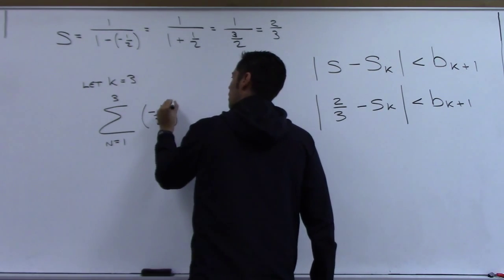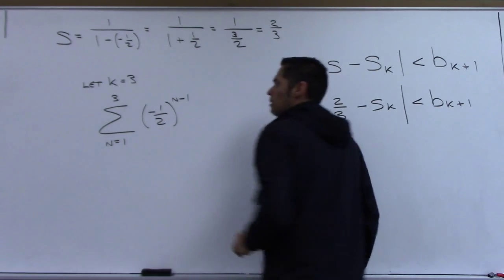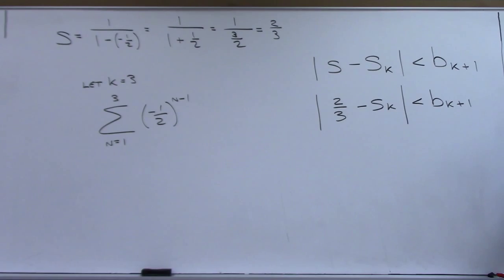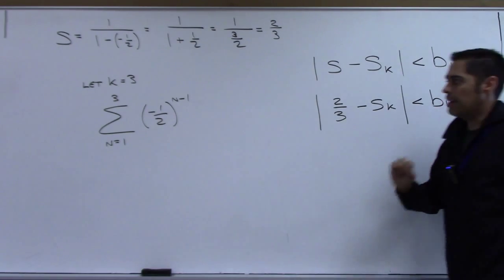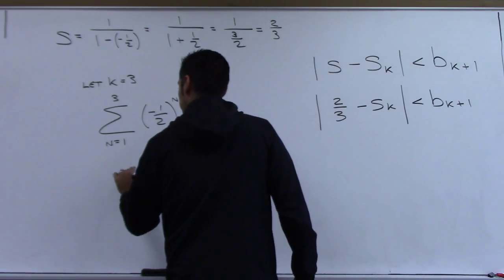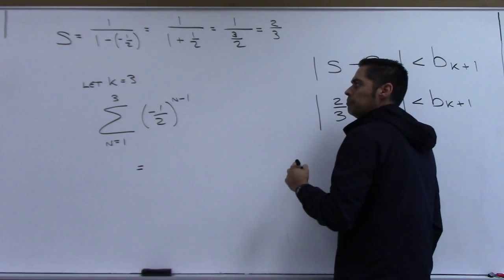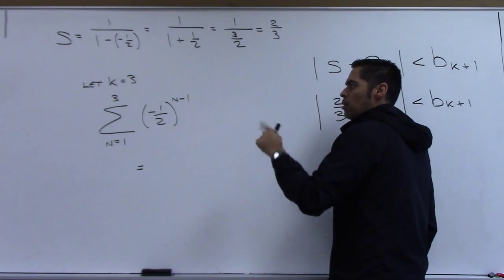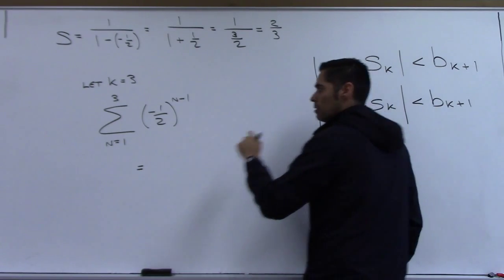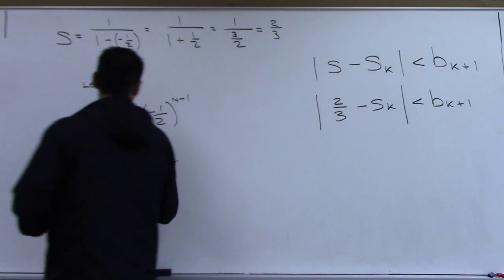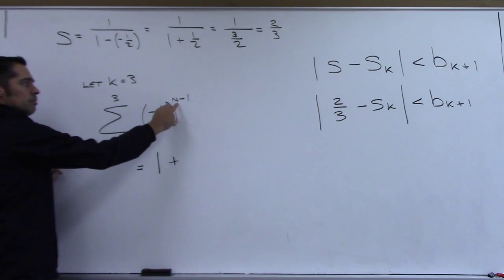3, right? If I were to stop at 3 and just add up the first 3, what would I get? Let's see. Plug in 1, what do you get? Negative 1/2 to the 0, which is 1. Plus, now plug in 2. What do you get when you plug in 2?